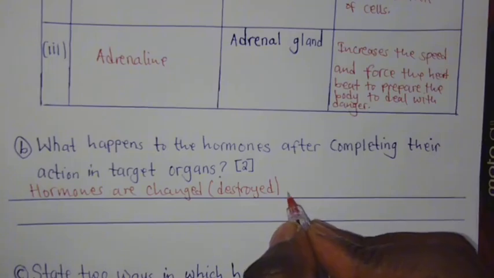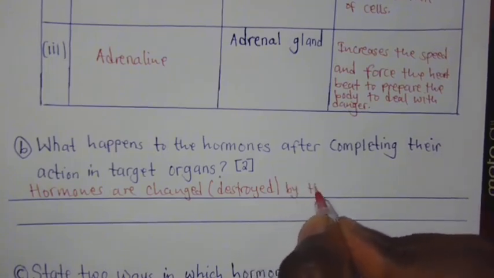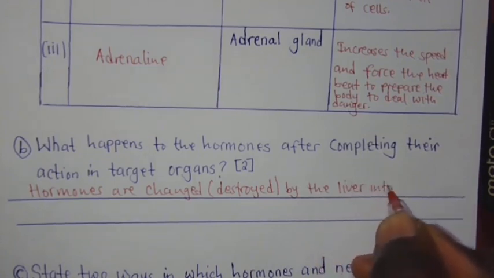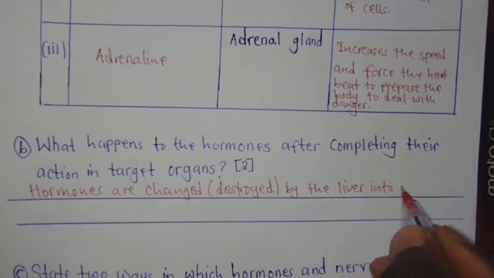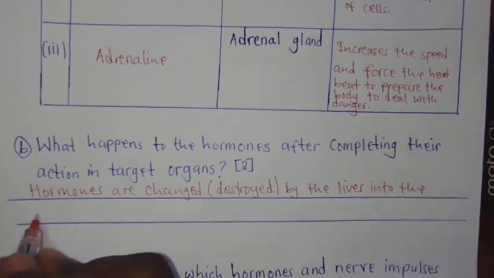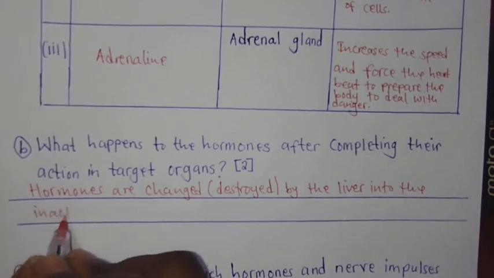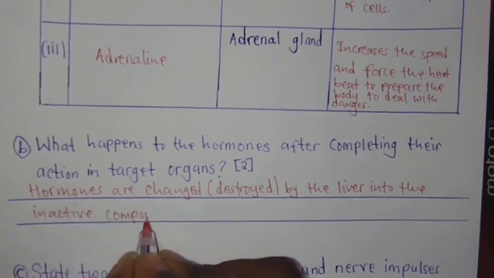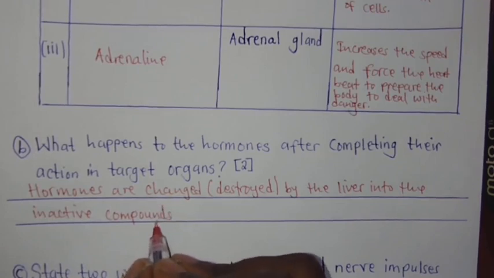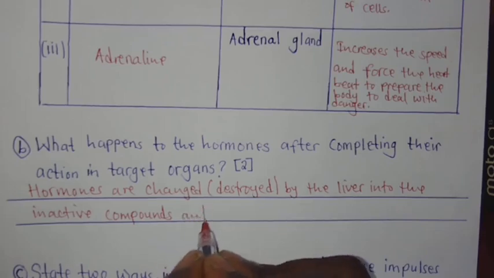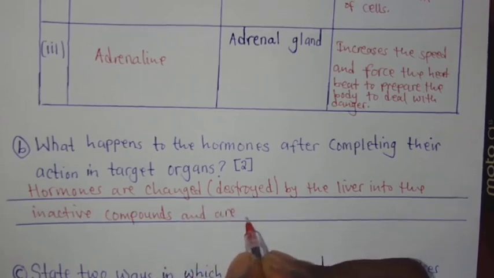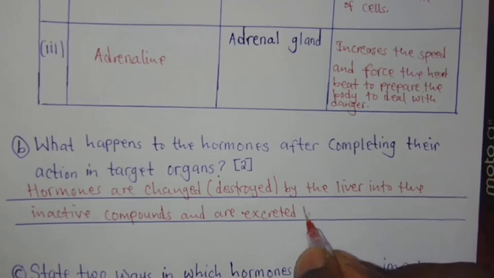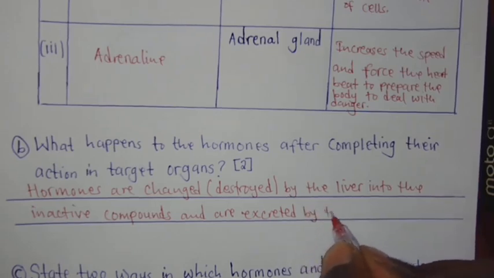Hormones are changed by the liver into the inactive compounds and are excreted by the kidneys.